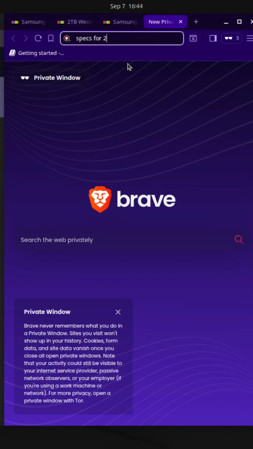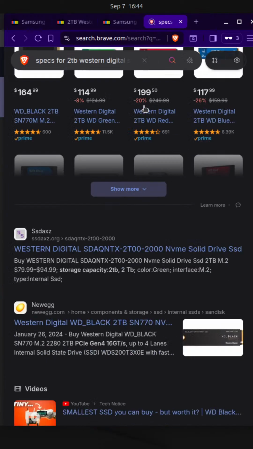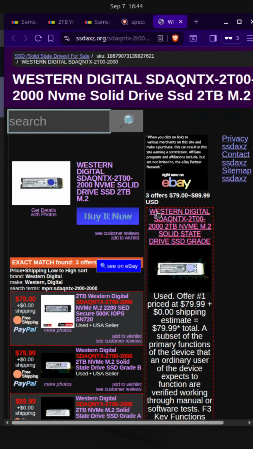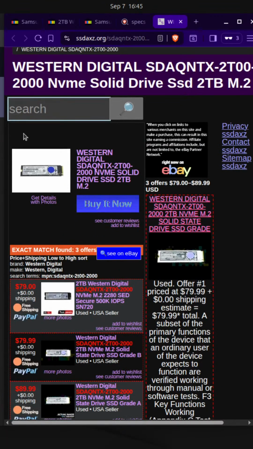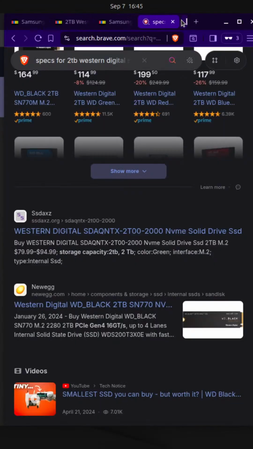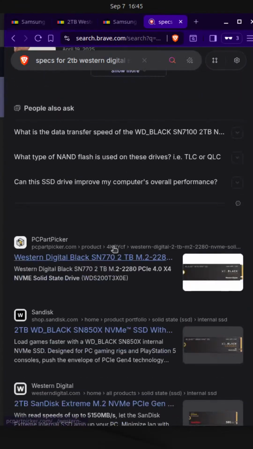Specs for Western Digital SDA. Oops, that's not it.